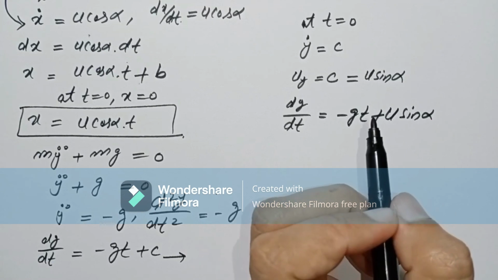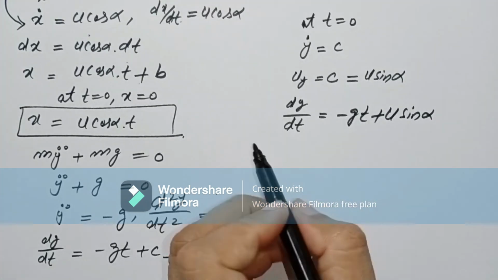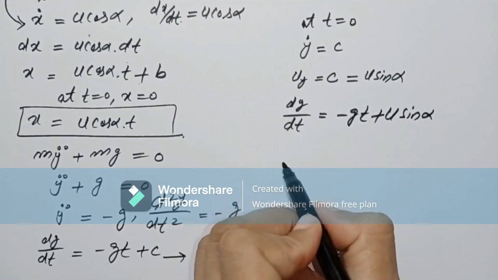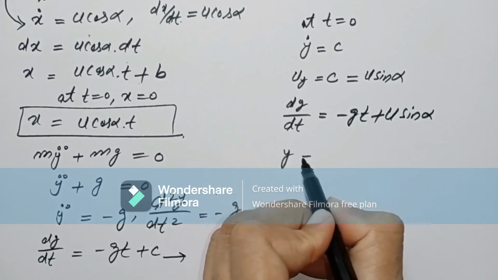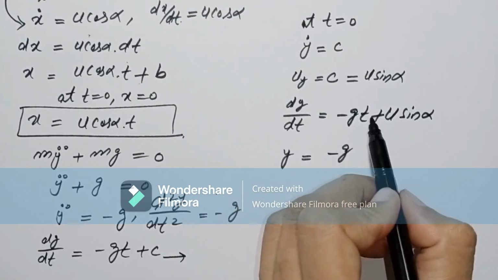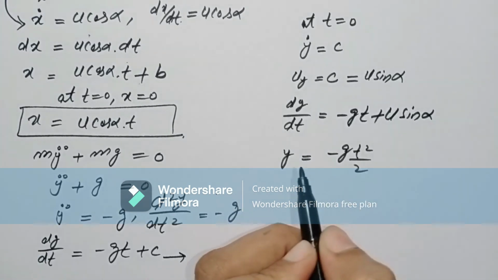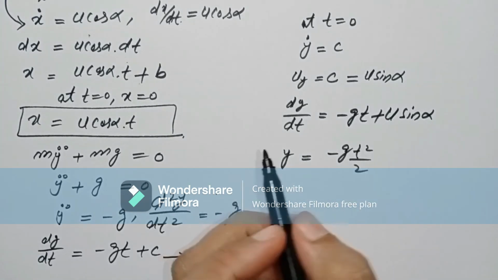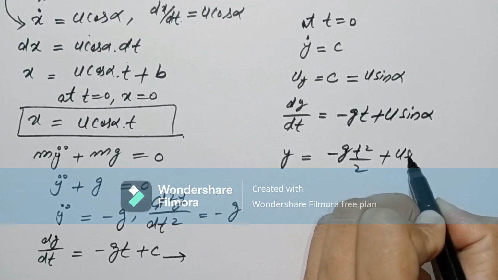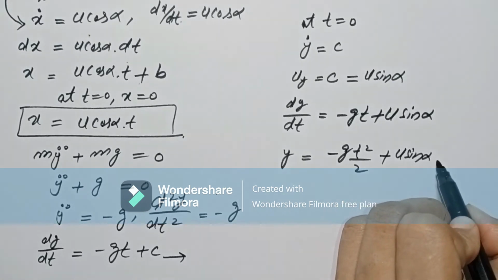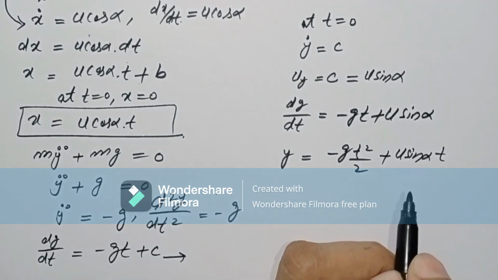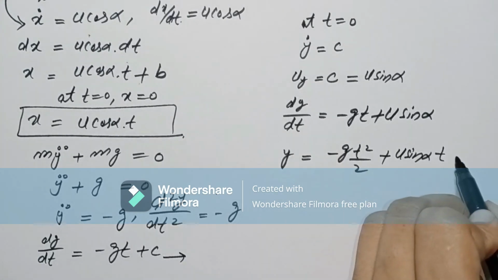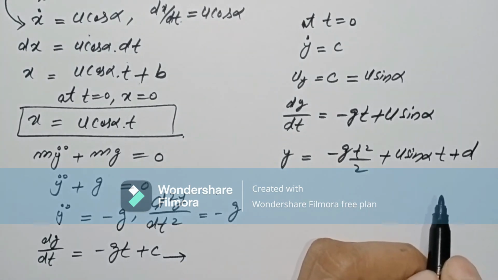Now we will integrate this equation again to find y. The integral will be y equals minus g times the integral of t, which is t square by 2, plus u sine alpha times the integral of dt, which is t, adding another constant of integration d.